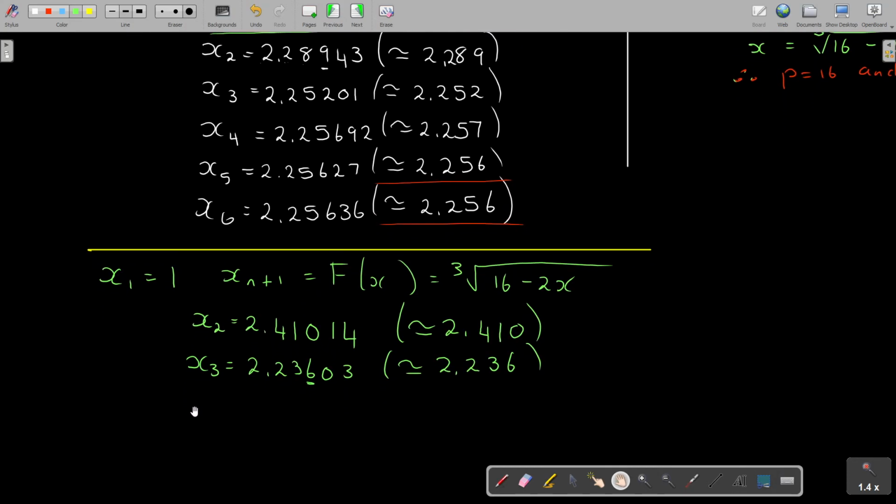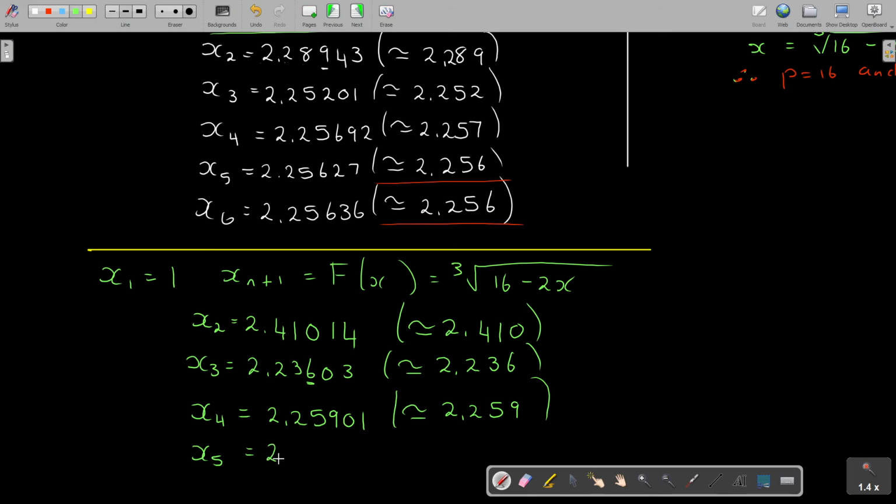So if I go for x4, then it's 2.25901, and if I approximate it, it's 2.259. Then I go for my next one.